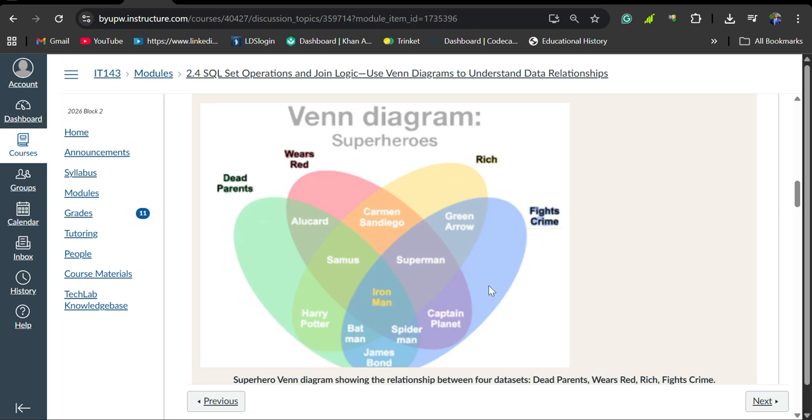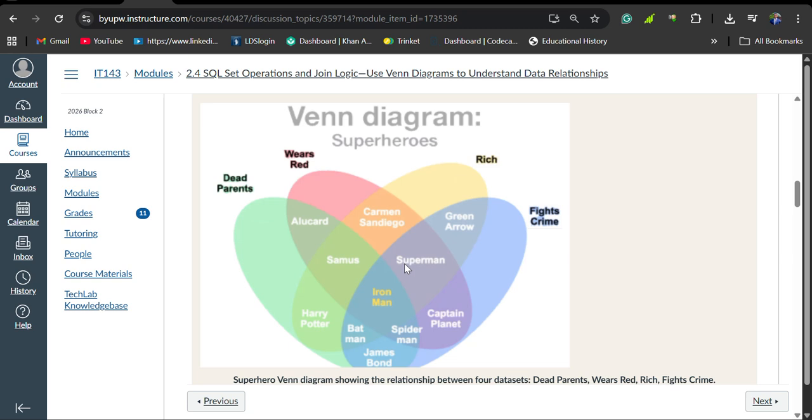All these are involved in the right joint. That means using all the elements. So the right joint includes all these elements here. Also looking at the left joint, which includes all the elements here except the Green Arrow.